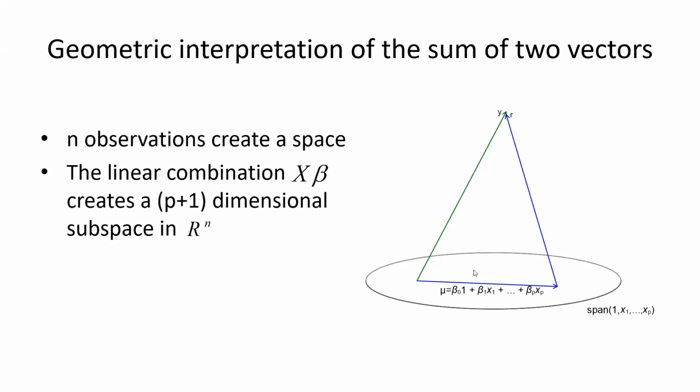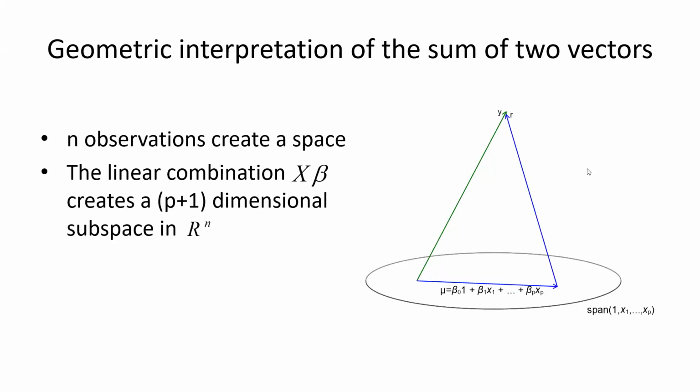Now we know that the first vector has to be in the subspace, but the second vector, the residuals, because it sums to the first vector, has to go from wherever we end up with the first vector, straight back up, or down, depending on where it is, to y, right? Because this plus this must be the y vector.